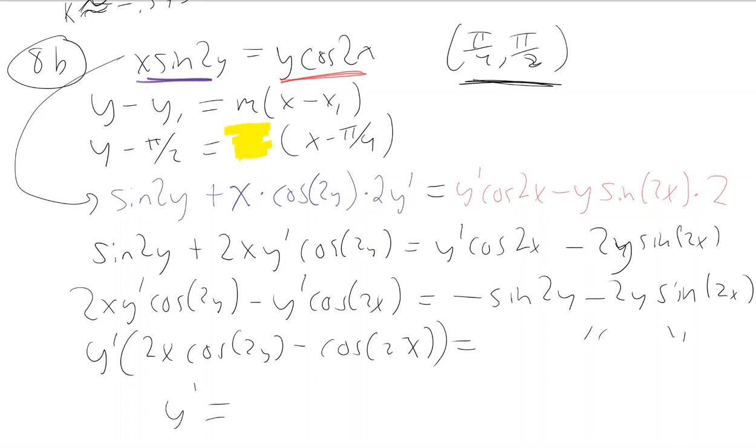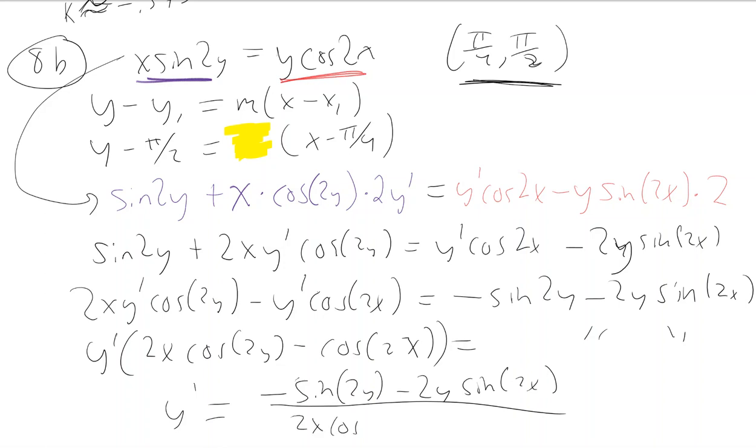So y prime looks like it would be negative sine of 2y minus 2y sine of 2x over 2x cosine 2y minus cosine 2x.